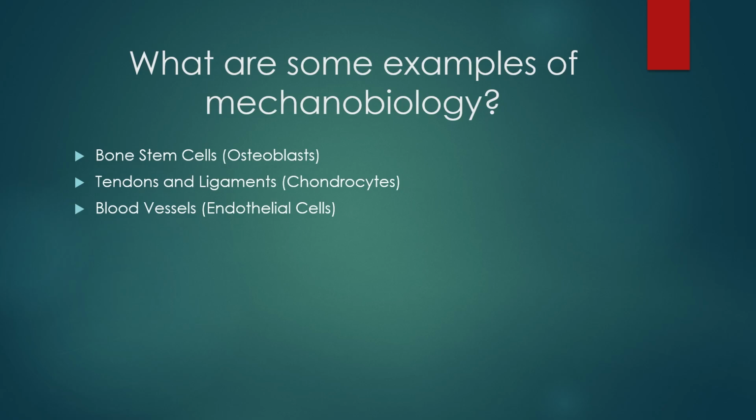Blood vessels, endothelial cells. Blood vessels are great mechanosensors in the human body because they're always under pressure, pun intended there, because the blood is being pumped out of the heart. When you go to the doctor, they're taking your systolic and diastolic pressure measurements. Systolic is the pressure when the heart contracts and ejects the blood out of the atrium into your aorta, and diastolic is the blood pressure being exerted in the aorta at rest for the heart.